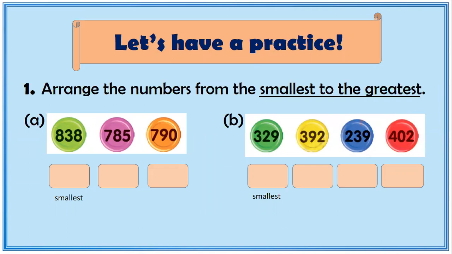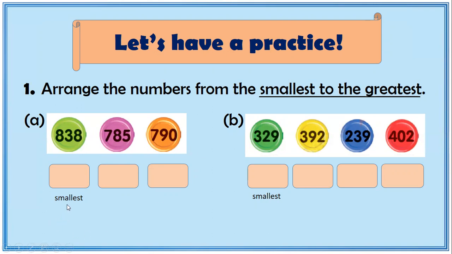This time, I want you to answer this activity. Okay, so for number 1, arrange the numbers from the smallest to the greatest. So again, first, you need to compare digits on the hundreds place.